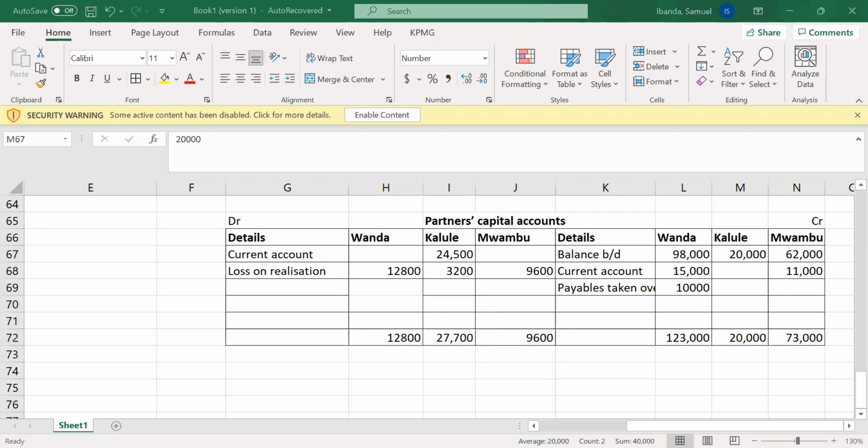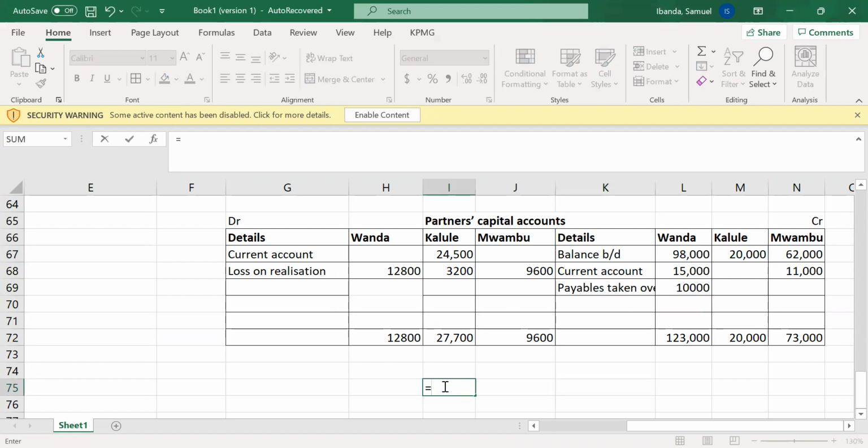Okay? Because remember the other side, he has 27,700. This other side, all that he has is the 20,000, which is his capital. So the deficiency, we just try to calculate, is 27,700 minus 20,000.